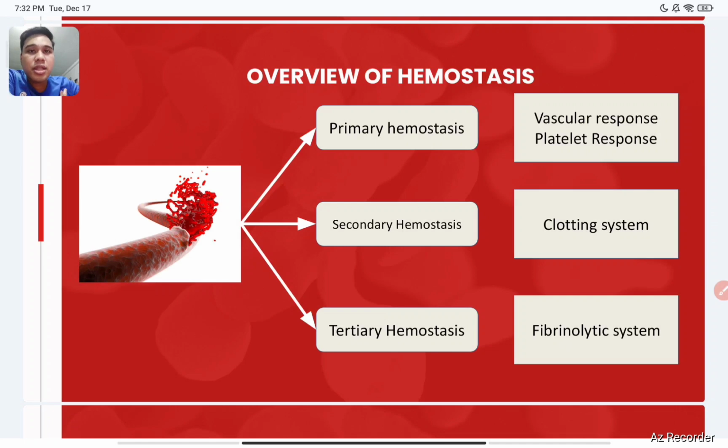So in your hemostasis, initially there needs to be a damage in the blood vessel. So once there is a damage in your blood vessel, you will activate the three: your primary, secondary, and tertiary hemostasis. Your primary hemostasis, your blood vessels will constrict, and then your platelet will be activated. Your secondary hemostasis, there's activation of the clotting system.